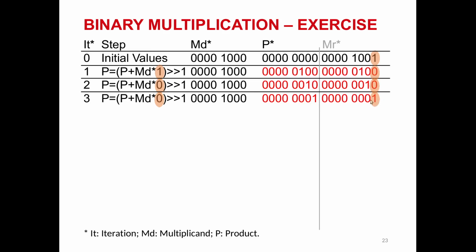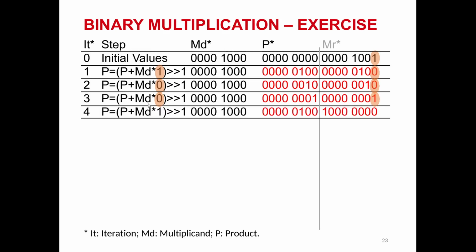So in that case we need to multiply this 1 together with MD before adding together with the most significant 8 bits of the product, and then shift all the product to the right for 1 more bit.